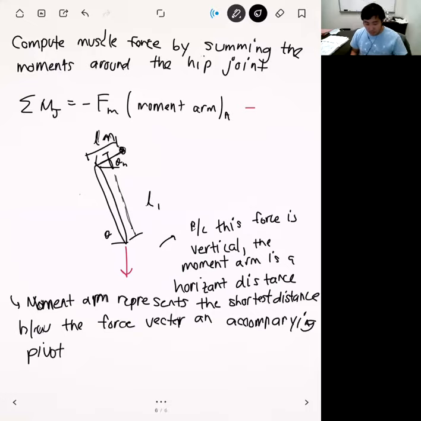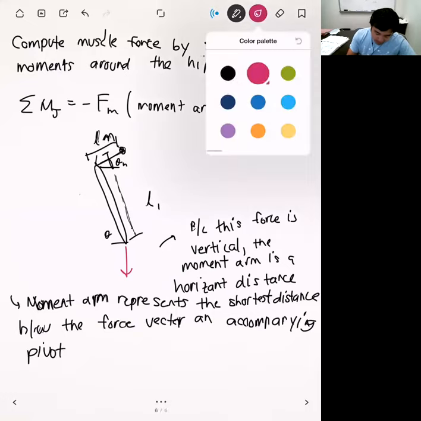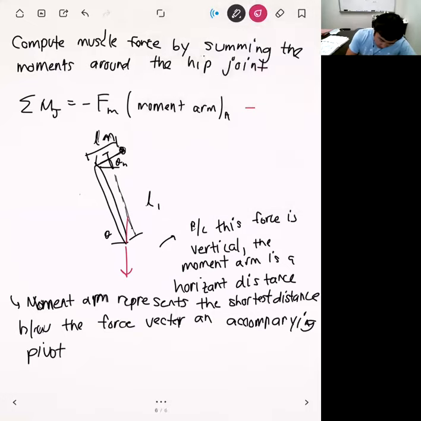For a vertical force like this, let's extend this force upwards. I'm just adding something to the tail, so nothing mathematically is changing. If we take the shortest distance between this line and the hip joint, we notice the shortest distance is when this line is perpendicular to the vector.